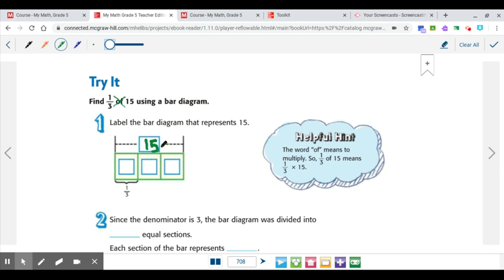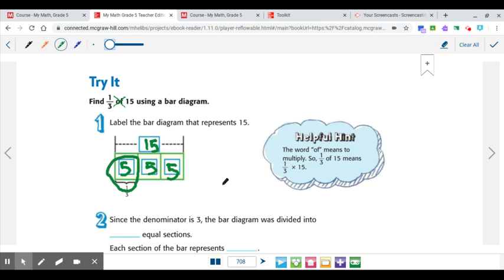Okay? So if you think about it, 15 divided by 3, even though I just said multiplication, bear with me, 15 divided by 3, well, that's 5. So that means that this is going to be worth 5, and this one's going to be worth 5, and this one's going to be another 5, right? So if we're looking for the value of 1/3 of 15, it's right here. It's 5.